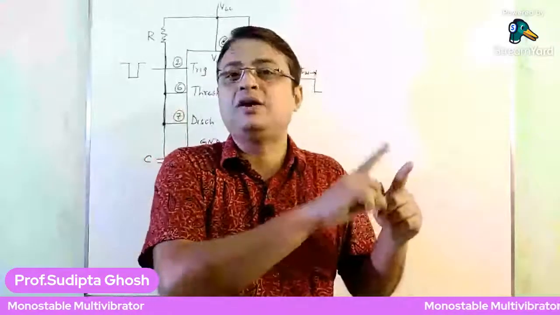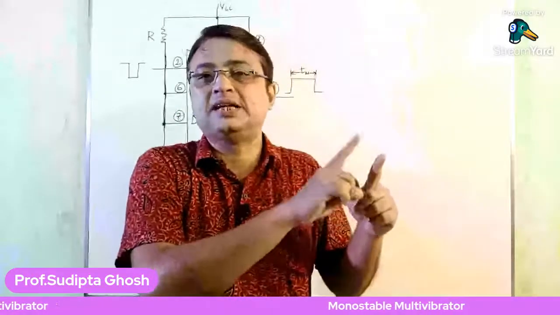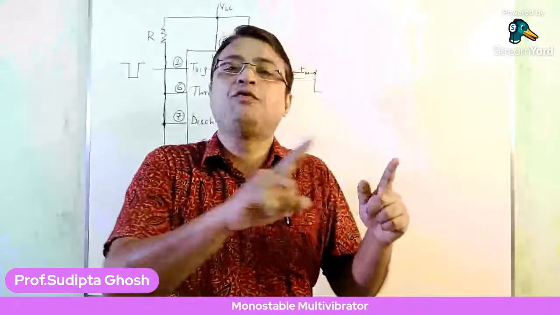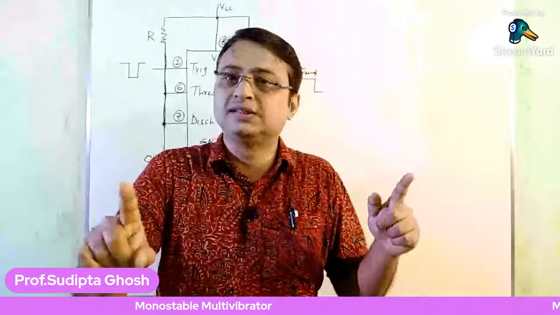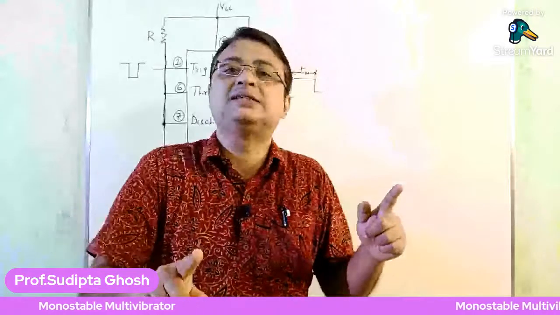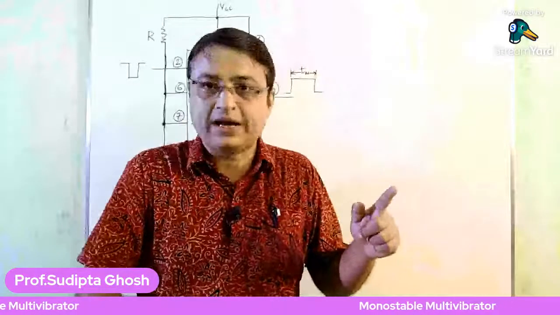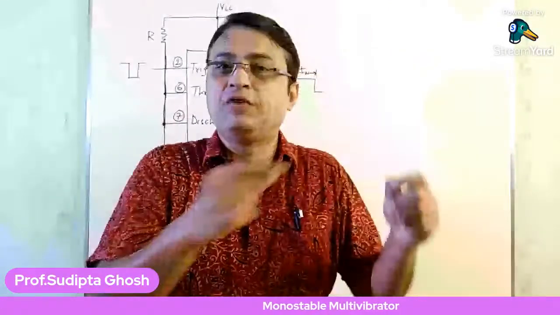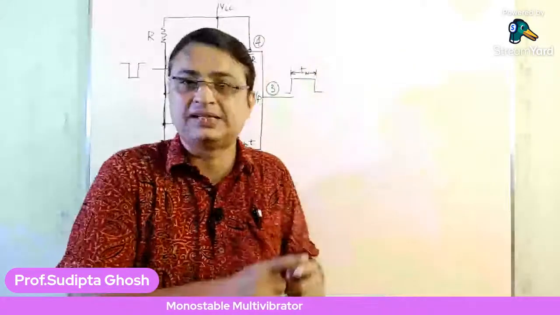The current through this discharge pin flows towards the transistor, and through the transistor this current goes to ground. That is the point we already discussed in our last lecture.